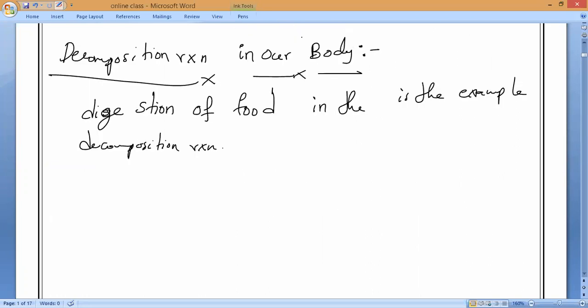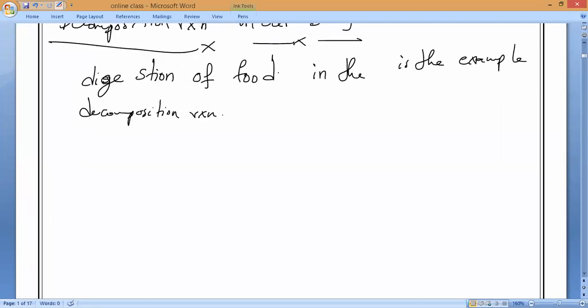Understand, when we start eating food like wheat or potato or rice, it contains starch. The starch present in them will start decomposing, and it will give simple sugars like glucose in the body.